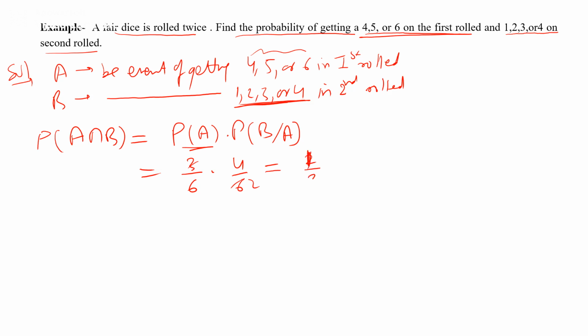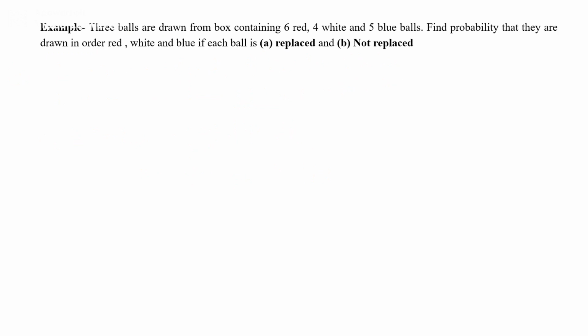1 by 3. So the next example: 3 balls are drawn from a box of 6 red, 4 white and 5 blue balls. Find the probability that they are drawn in order red, then white, then blue, if each ball is replaced or not replaced.